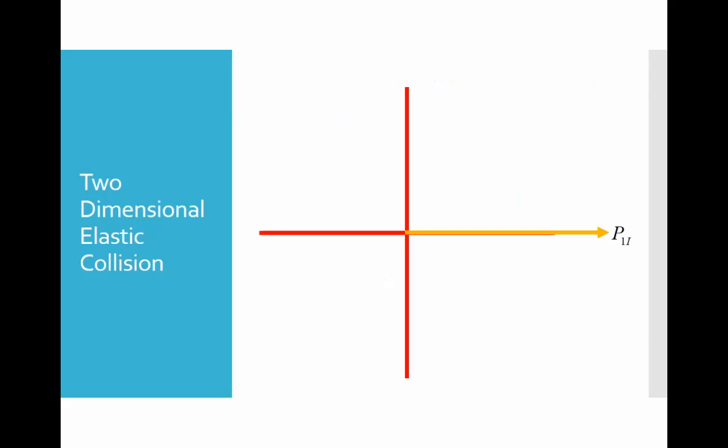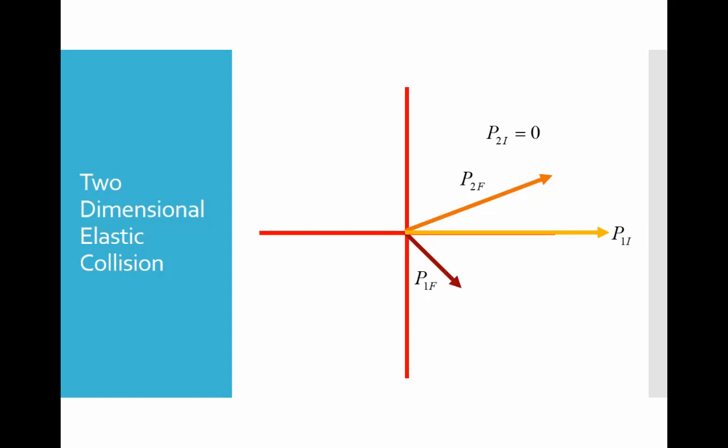So let's take a look at this. Let's say we had our initial momentum from object one, and that's going to the right. And the initial momentum for the second one is nothing. There is no line because there is no motion. Then we take a look at the final momentum for object 2, as well as the final momentum for object 1.